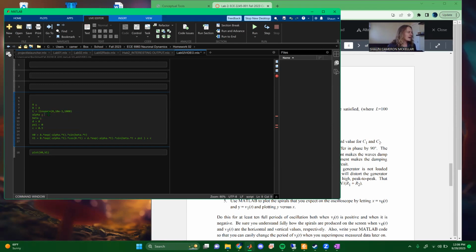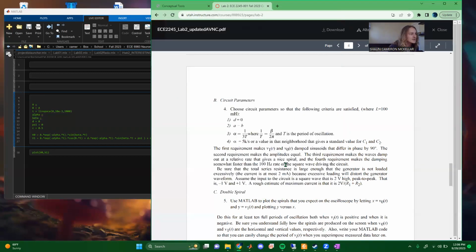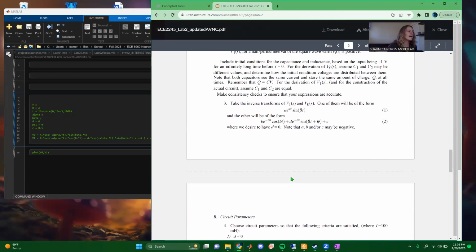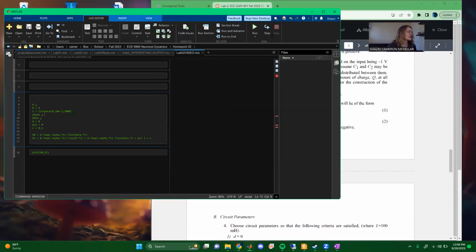Now for my alpha term, I forget what that was. I wonder if it's actually in the lab handout, but it should just be R over 2L, right? Yeah. So alpha is equal to R1 plus R2 dot over L. So R1 plus R2, I can already see I need new terms.